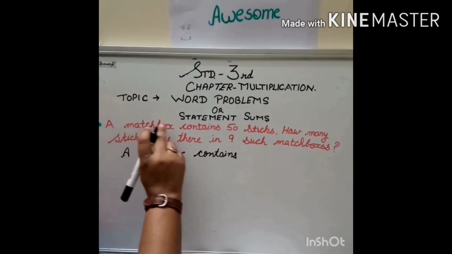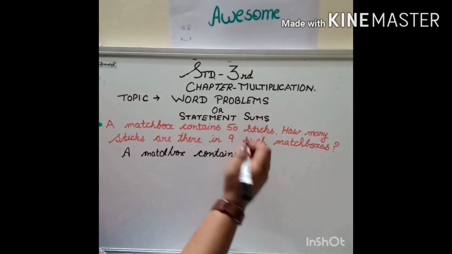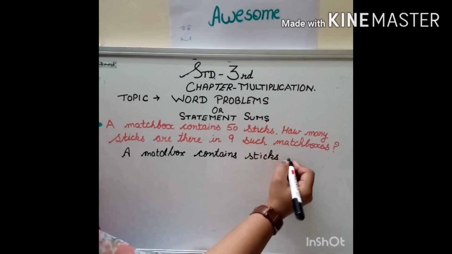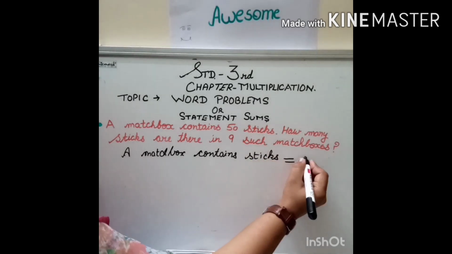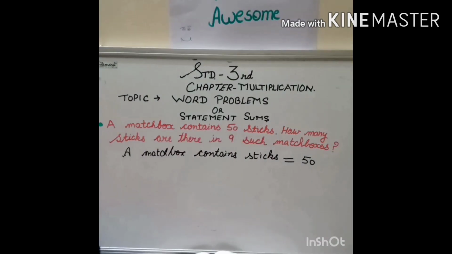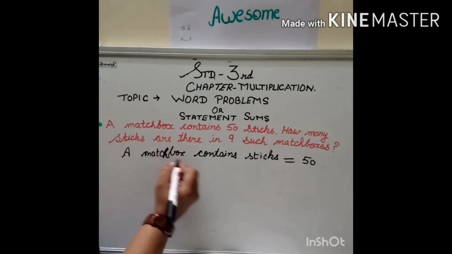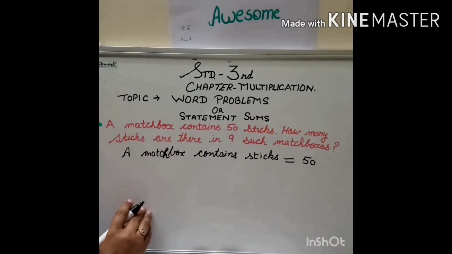So you can write a matchbox contains sticks. And here in the statement sum, don't forget to use the sign of equal to. After equal to, on the right hand side we write the digits. A matchbox contains sticks is equal to 50.